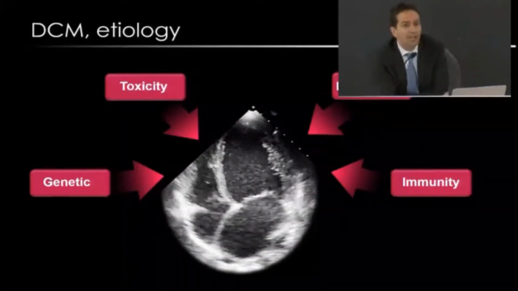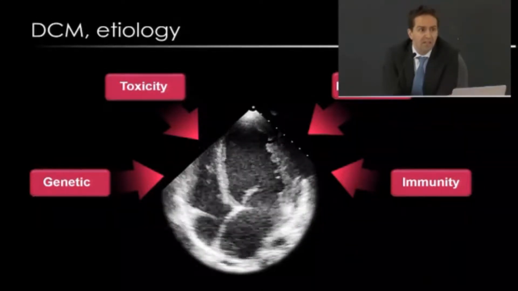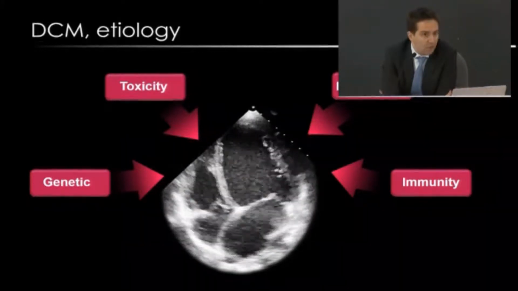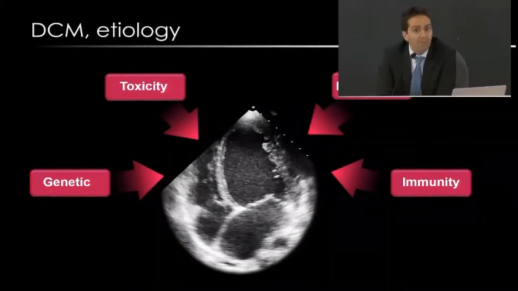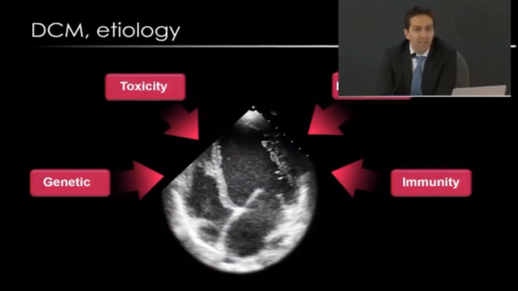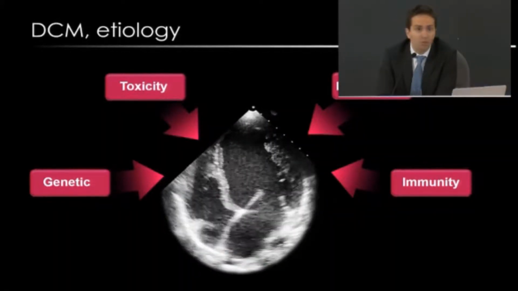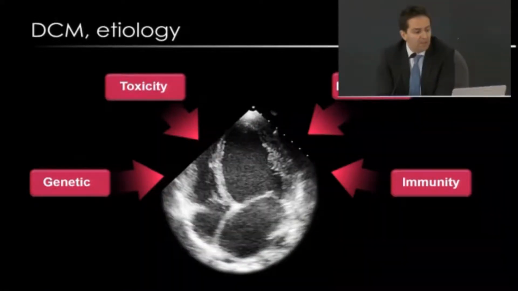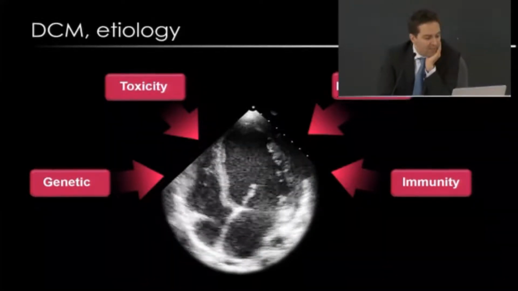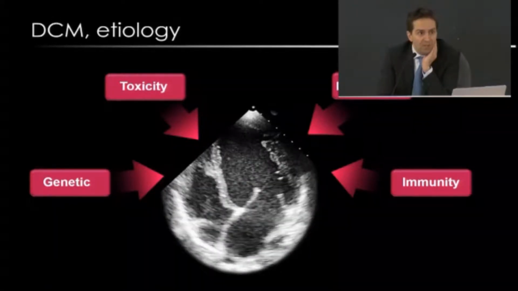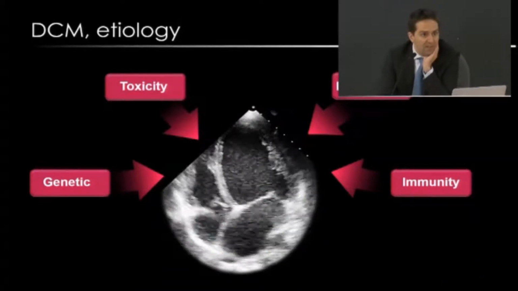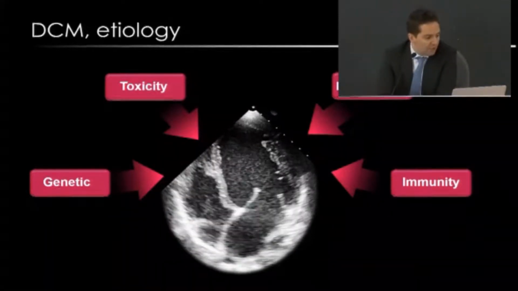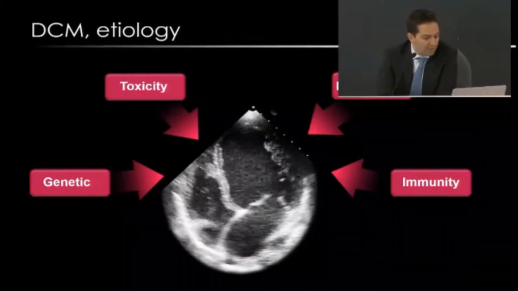They can range from genetic disease, so an inherited cardiac disorder, present when the child is born or even later in life, or due to the activity of toxic agents such as drugs or exposure to some other agents, or due to a viral infection, as a consequence of myocarditis, or maybe the consequence of some immune disorders in the individual. So all these etiological causes may be responsible for dilated cardiomyopathy.